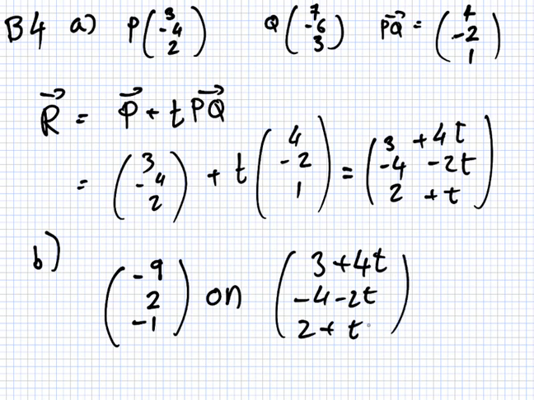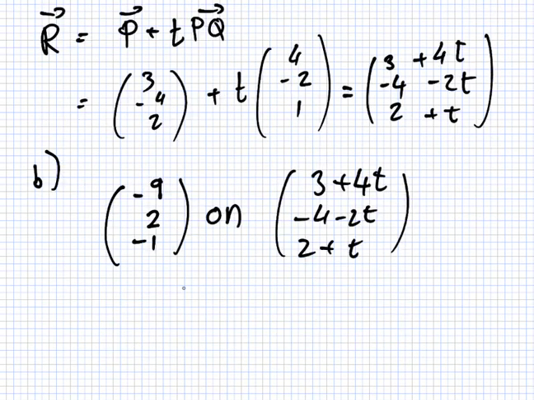So what must the value of t be so that it's on the line? How can I make this point? So what can we see the value of t must be? It looks like minus 3, doesn't it? Yeah, it has to be minus 3. So let's try letting t equal minus 3.